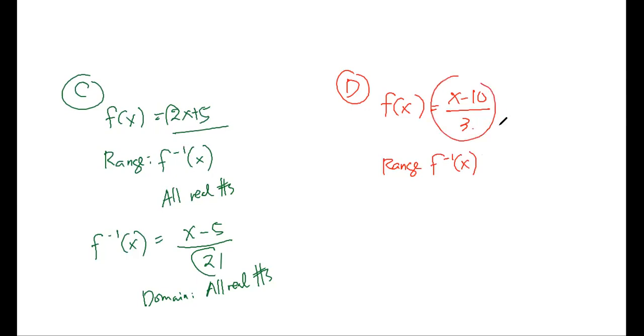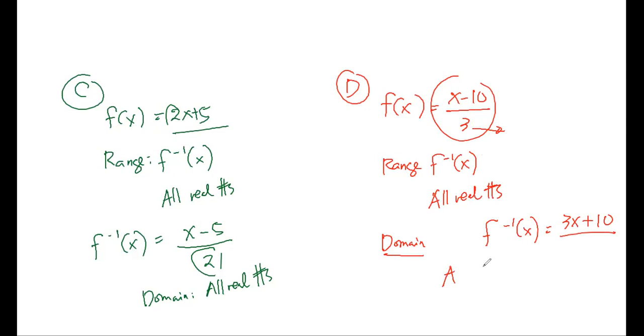There's no restriction in the denominator, so we say that our range will be the set of all real numbers. While for the domain, we need to solve for its inverse function. We'll have 3x plus 10. There's no restriction, so we still say that its domain is the set of all real numbers.